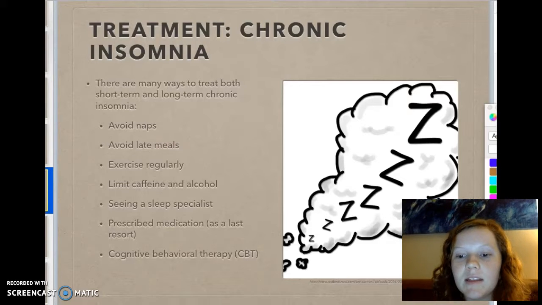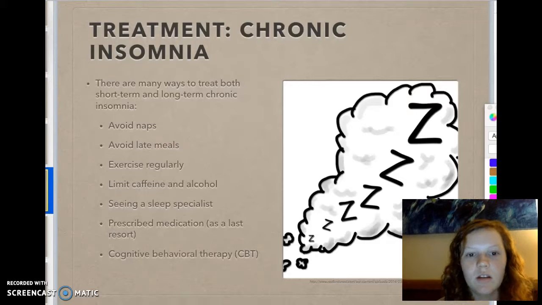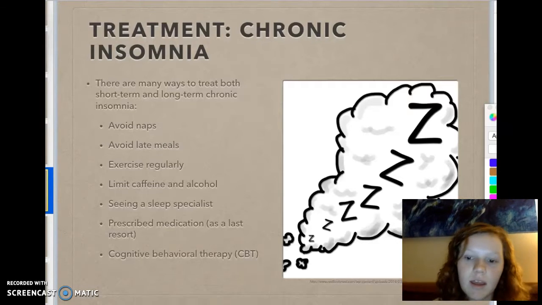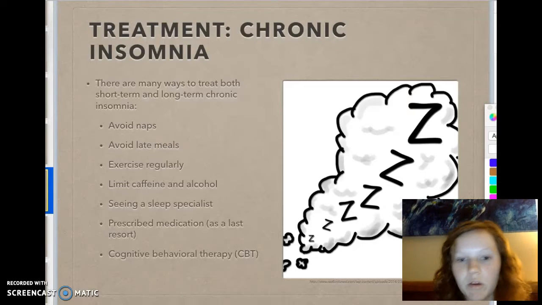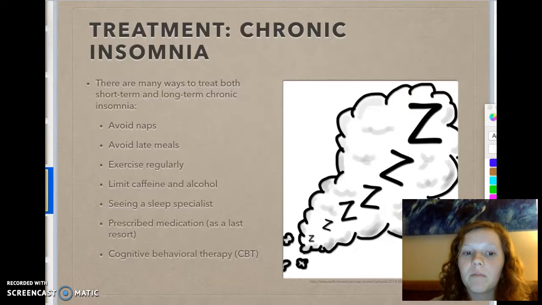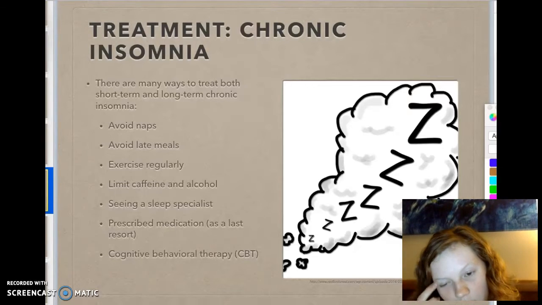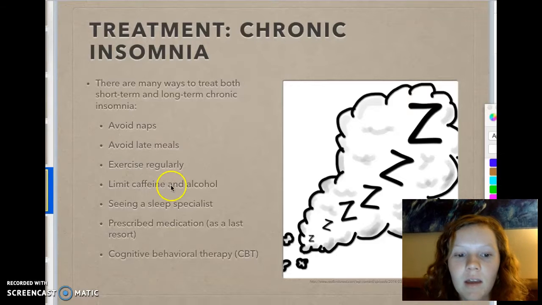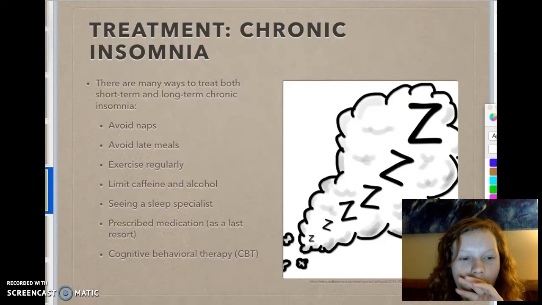The space of time for chronic insomnia, it can last a few days. When it starts lasting a few weeks or a few months, that's when you want to take the larger measures, if the helping measures like avoiding late meals aren't working for you. Then you want to start taking these other measures.